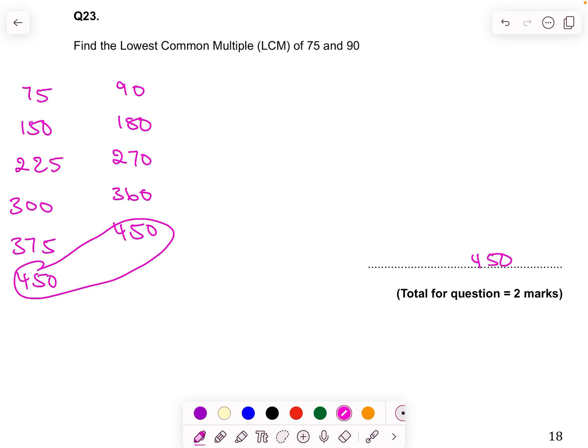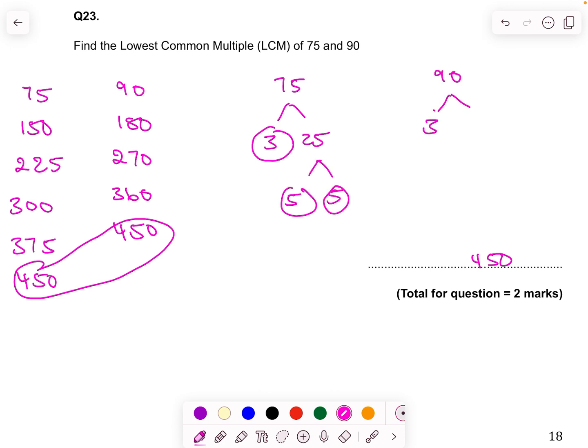You could have also used your prime factor trees if you want, so I'll quickly do it now so that we don't waste time. So that should be a 3 times 25, 5 times 5, then 90, we've got 3 times 30, 6 times 5, and 2 times 3.